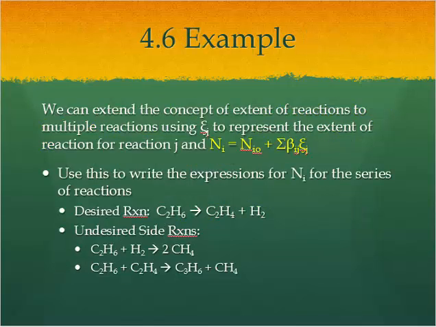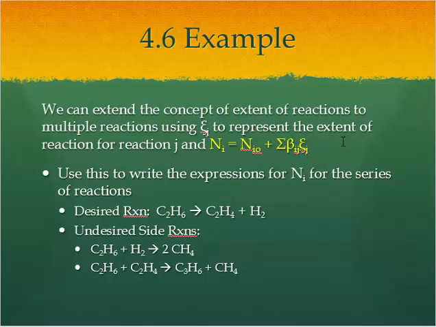So let's look at how we can extend our concept of extent of reaction to looking at these multiple reactions. Now we'll stay with the same reaction set, but what I want to do is extend the definition of that mole balance. So the number of moles at the end of product i equals the number of moles at the beginning of product i, plus the stoichiometric coefficient times extent of reaction.